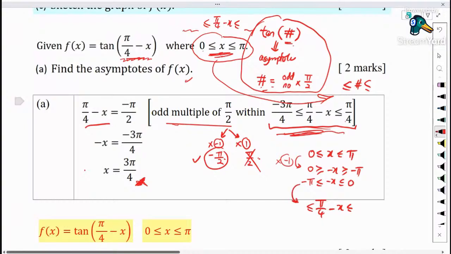Then at last, we add pi over 4 on both sides. So we have the result as pi over 4 minus pi, which gives us negative 3 pi over 4, and 0 plus pi over 4, so I have pi over 4. So this is how I get the interval.